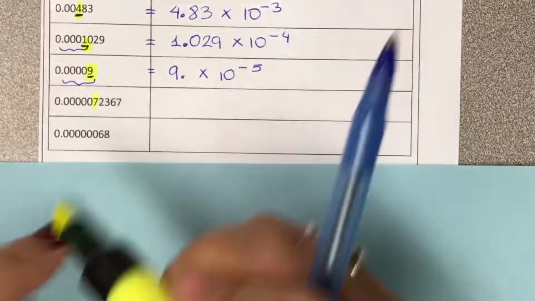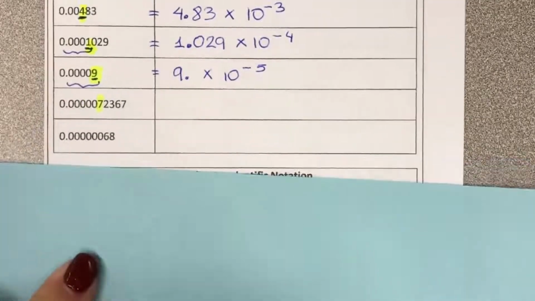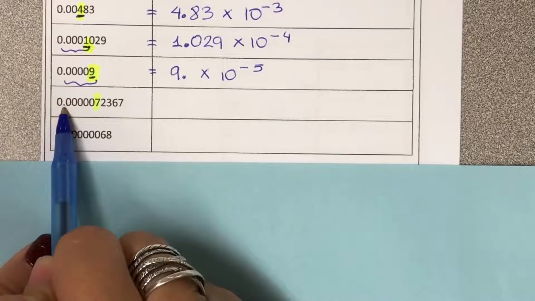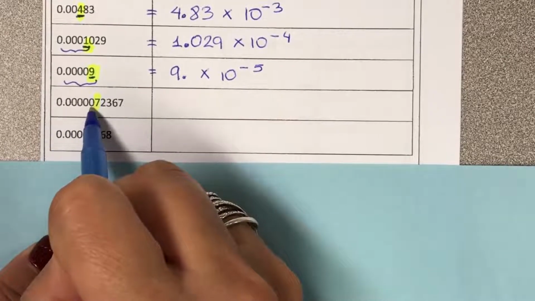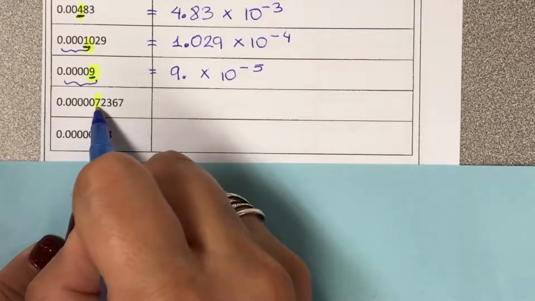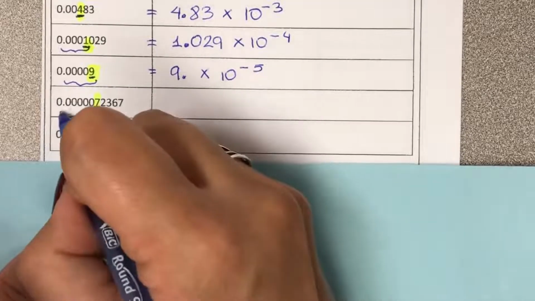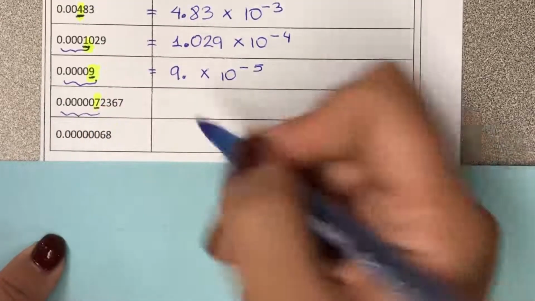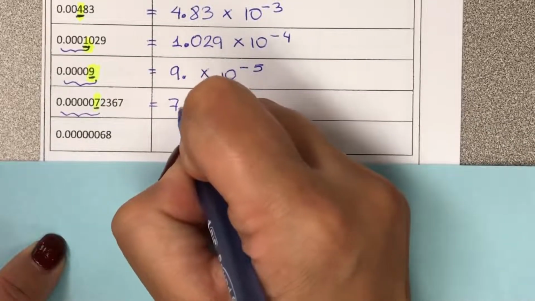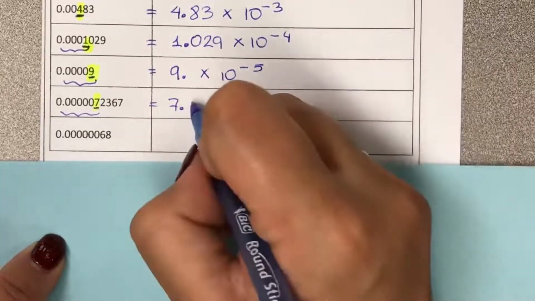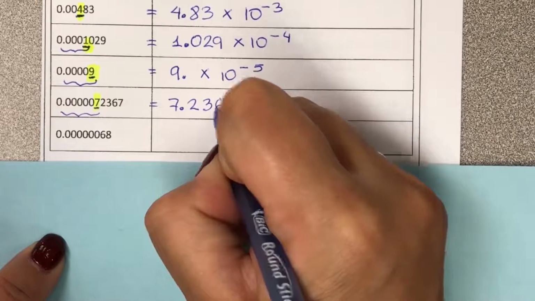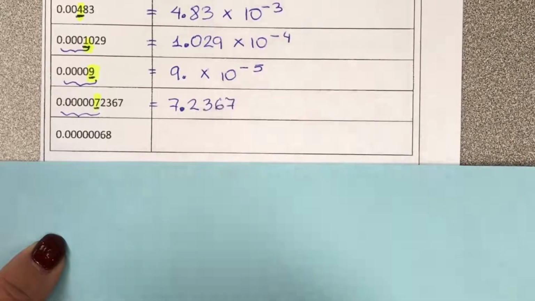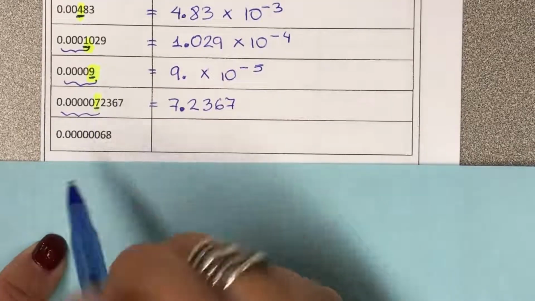7 is the first non-zero number. To get to 7, we have behind the decimal 1, 2, 3, 4, 5 zeros, and then the 7 is in the 6th place. So that means I put the decimal after 7, and I need to bring now the 2, the 3, the 6, and the 7 next to it, but the decimal goes after the first significant digit.